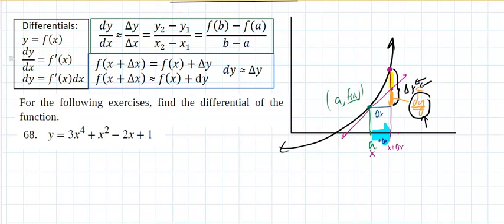Now, if I have y equal f of x, and I take a derivative of that, dy dx is f prime of x, and if I cross multiply this differentials, this is what it's saying. If you want to figure out the differentials, pretty much figure out the slope of the tangent times the change in x, and that should give you what that is.